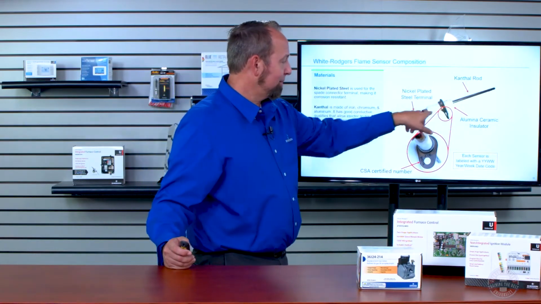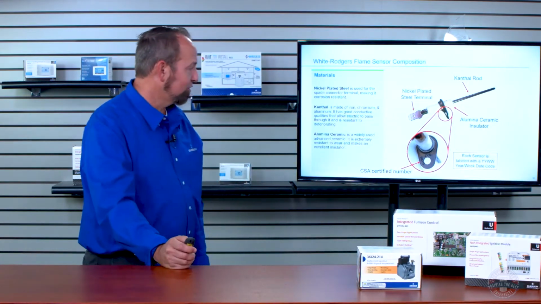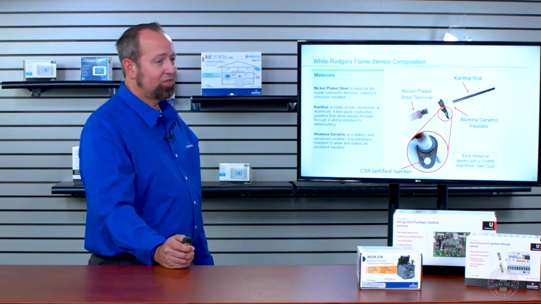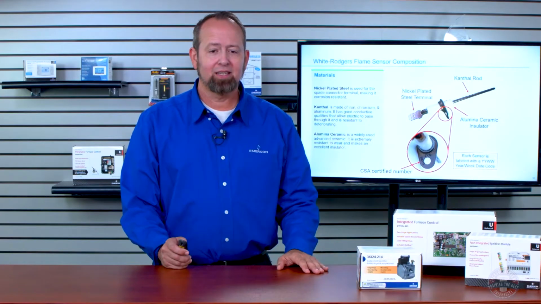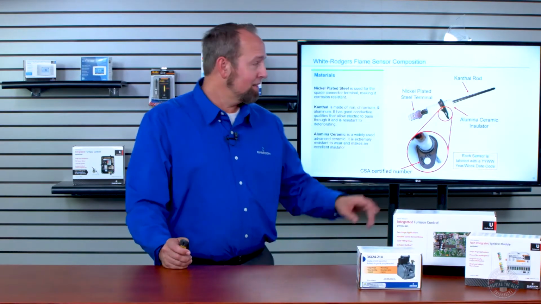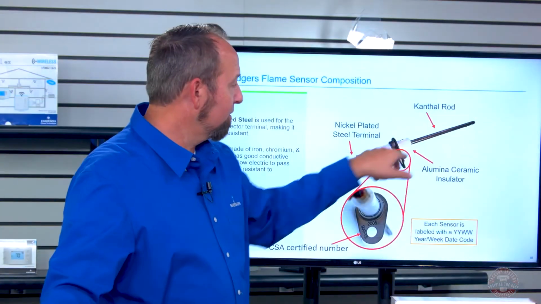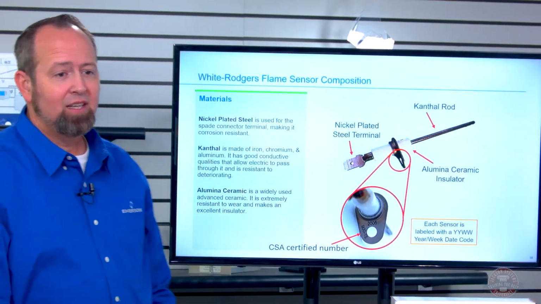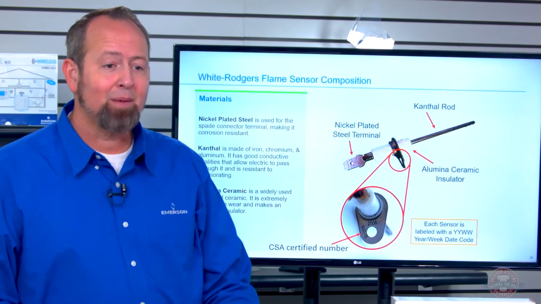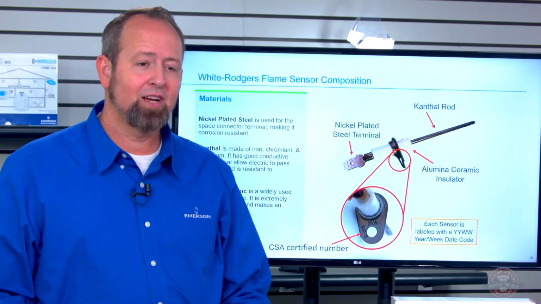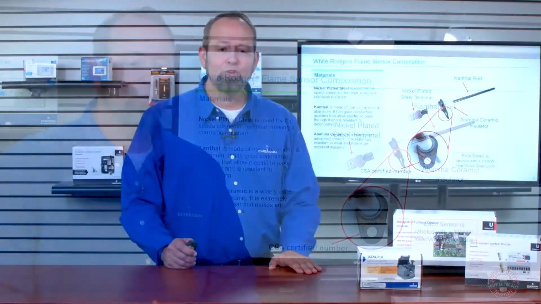The ceramic itself is aluminum ceramic. It's a very widely used, popular ceramic, extremely resistant to wear, very hard, and it makes an excellent insulator as well. And then the final part out on the end is the canthal rod. Canthal is made primarily of iron, but it also has chromium and aluminum in it.